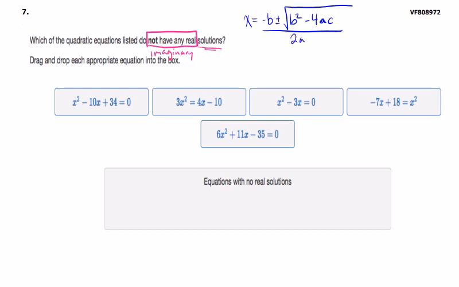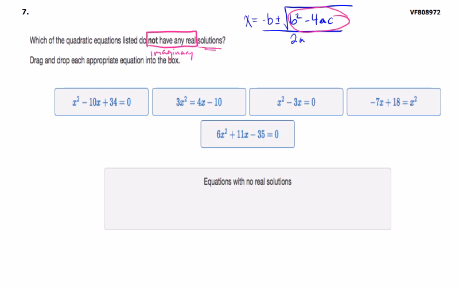The only way we can have an imaginary solution is if this comes out to something negative, because we can take the square root of anything positive and it'll come out to a real number. We can take the square root of 0 and it'll come out to a real number. We just have to make sure that this is positive, right? And we've talked about this before. I gave you guys a list.